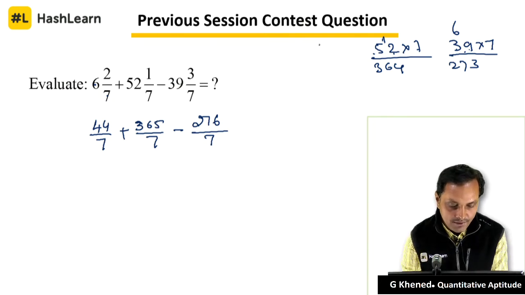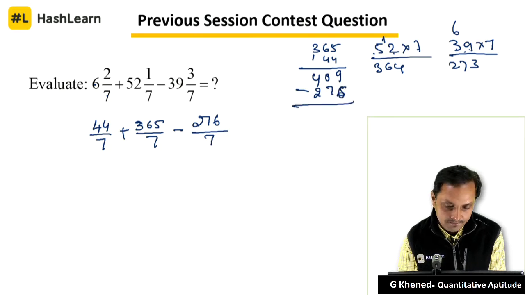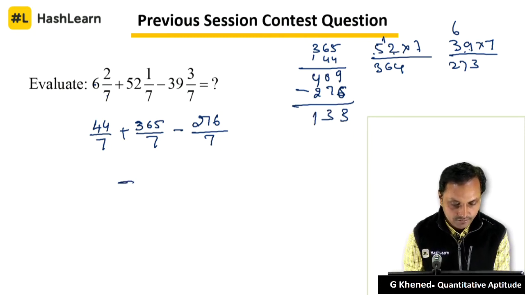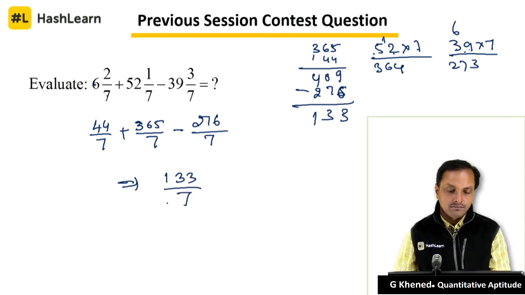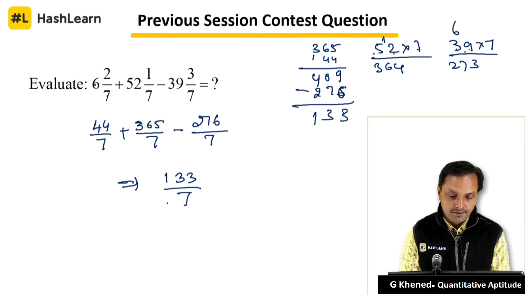So once you add up, this will give you 365 and 44. This is 9, 10, carry 1, 409 by 7, minus 276. When you do the subtraction, you get 133 divided by 7 as the fraction.